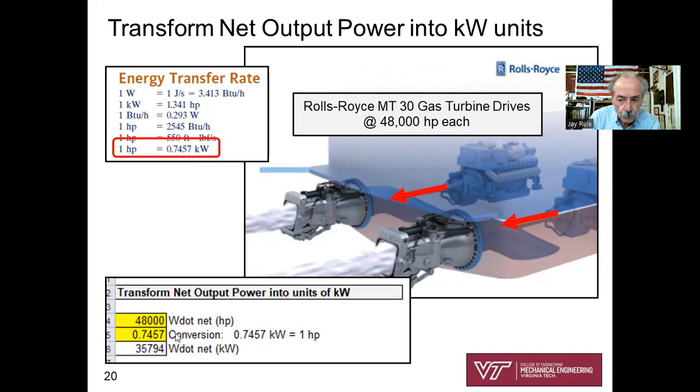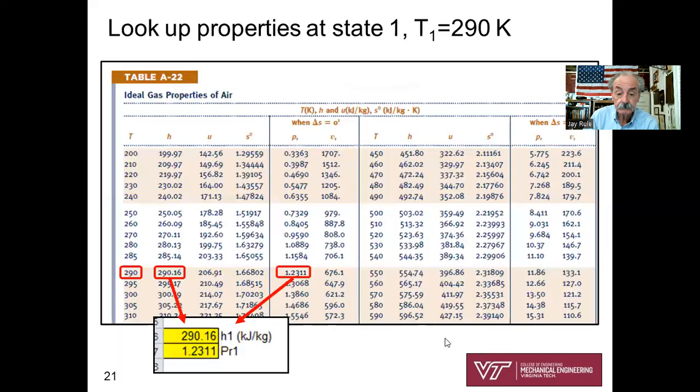So I've got 0.7457 kilowatts divided by 1 horsepower, and I can multiply 48,000 by 0.7457 to get 35.7 megawatts, or 35,794 kilowatts. We're just going to leave that there and come back to that.